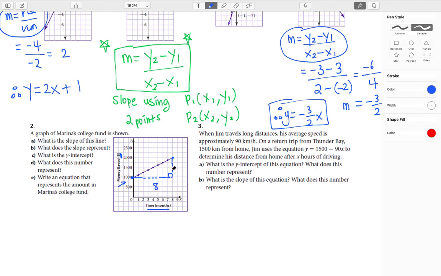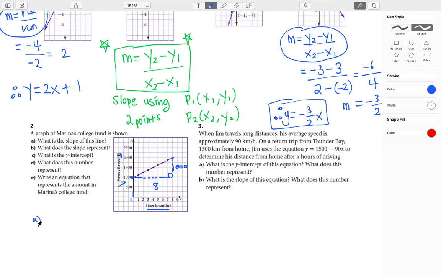And then from here to here, it looks like I'm going from 1,000 to 2,000. So you have to be careful with the unit because it looks like 1 square represents 250. So then if it's 4 squares, that's 1,000, positive.